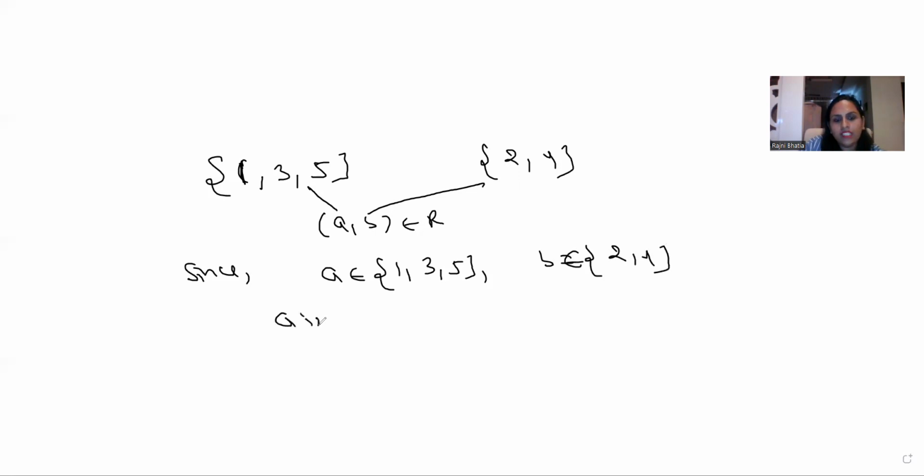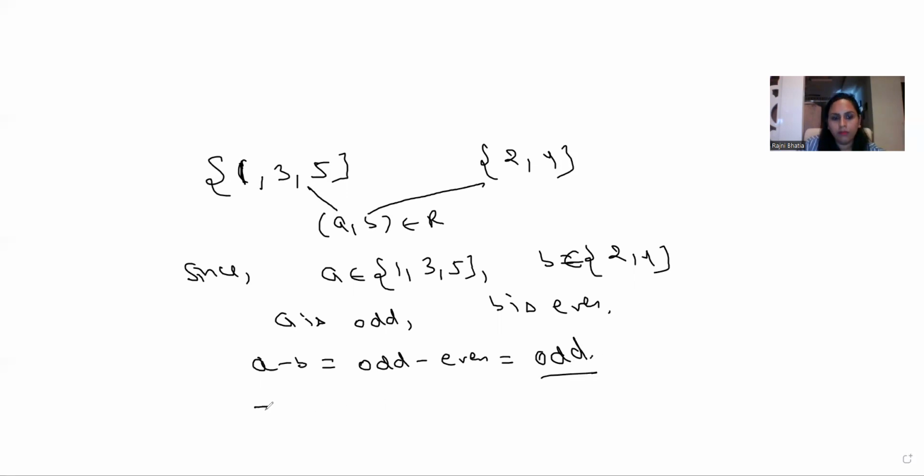This implies A is odd and B is even. All the values that A will take are odd. All the values that B will take are even. So what will A minus B be? A minus B will be odd minus even, which is always going to give you an odd number.